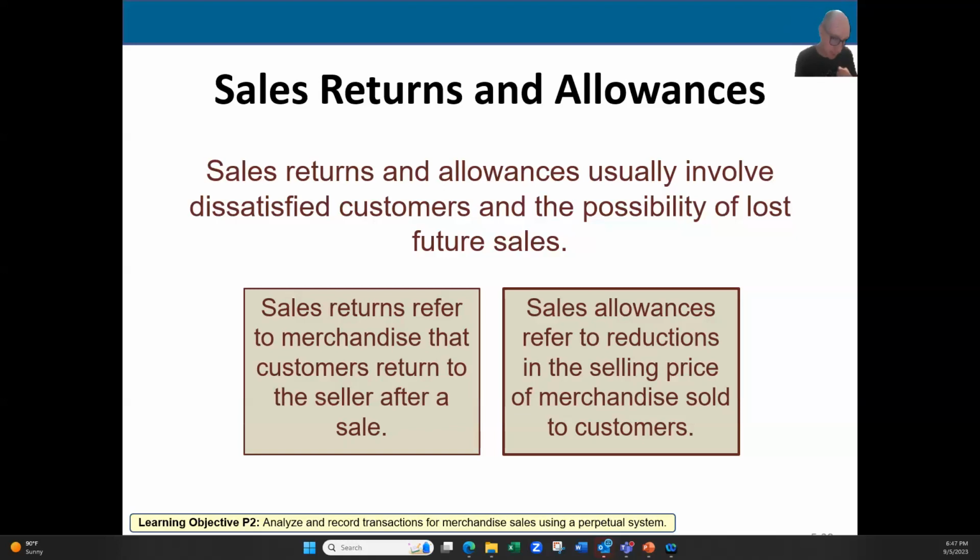Sales return is when the customer brings the merchandise back to us after we sold it to them. For whatever reason. It doesn't fit. It doesn't look good on me. It don't work. It's broken. Bring it back. Sales return. The alternative is a sales allowance. This is when we give them a reduction in the sales price.